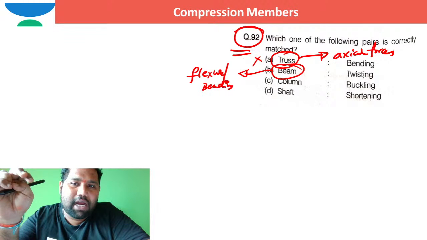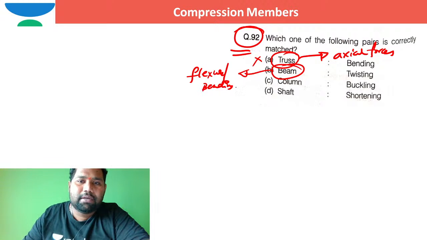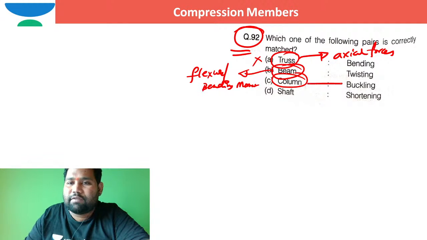In such a case the beam is subjected to twisting. But in a beam, the major primary internal force is bending moment, right? In case of a column, the primary failure is either by buckling or axial crushing. Yes, these two are the things. This is the correct one, it seems.